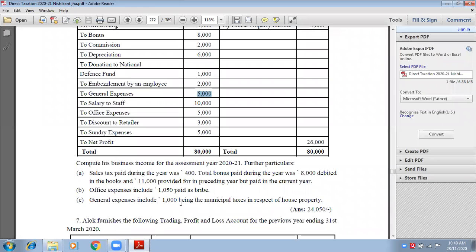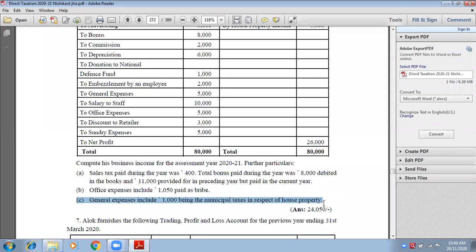General expenses include 1,000 being municipal taxes paid in respect of house property. Is this 1,000 rupees related to business expense? No, ma'am, it is related to house property. That means personal expense. If it is personal, it cannot be shown in the P&L. But they have included it in the general expenses.